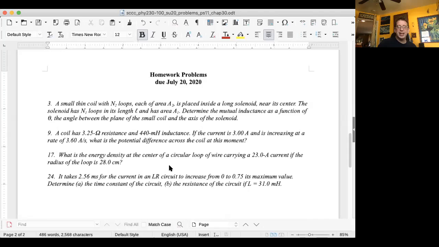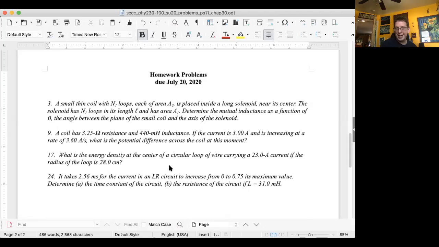And that brings us to number 17. What is the energy density at the center of a circular loop of wire carrying a 23.0 amp current if the radius of the loop is 28.0 centimeters? The equation requires knowing the magnetic field, and we've gone over the magnetic field of a circular loop of wire.